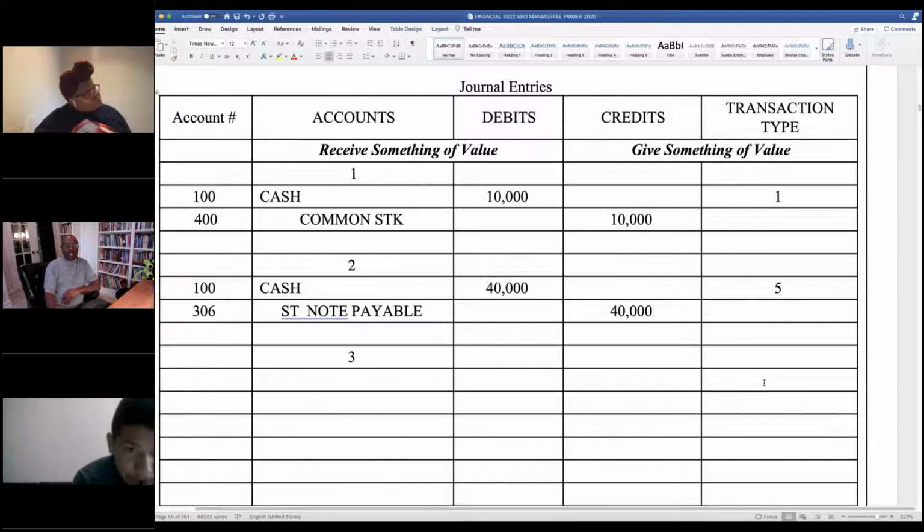What did you give up? Debt. Yes. So we got supplies, but we gave up what's called an account payable. This is like a credit card. You're going to have to pay it off eventually.